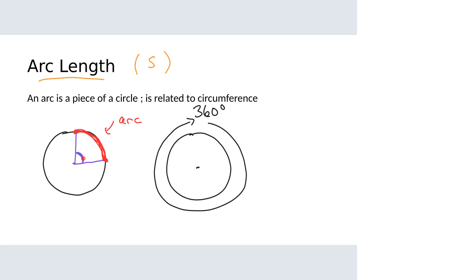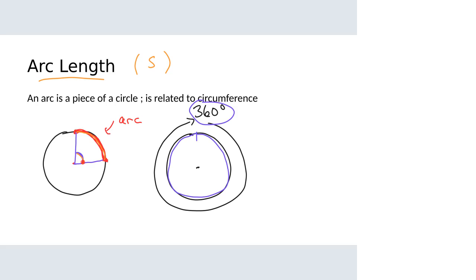Essentially, we're going to create a proportion using the idea that whatever the circumference is all the way around the circle corresponds to all 360 degrees. Whatever the length of my arc is corresponds to whatever my angle is. And that's the proportion that we're going to set up.